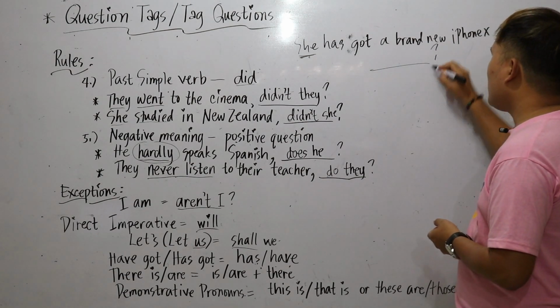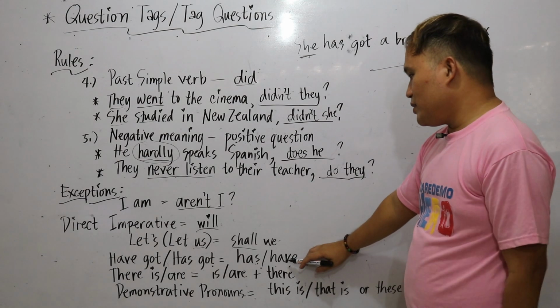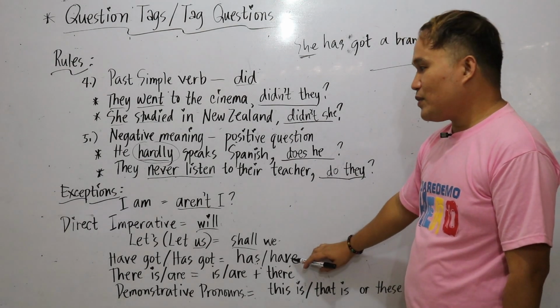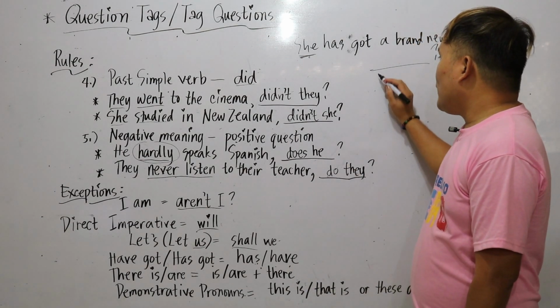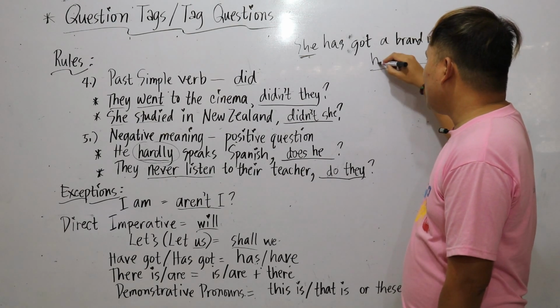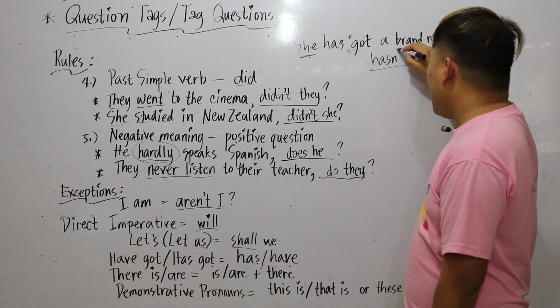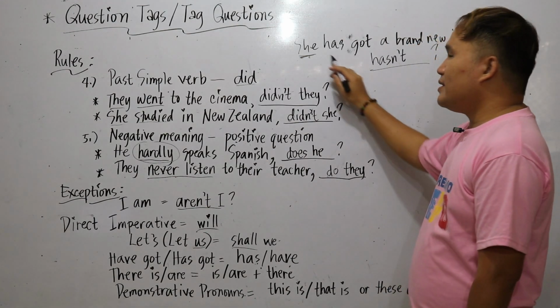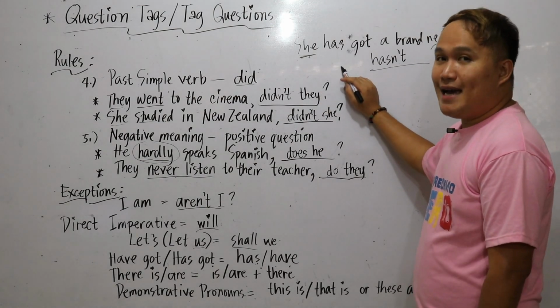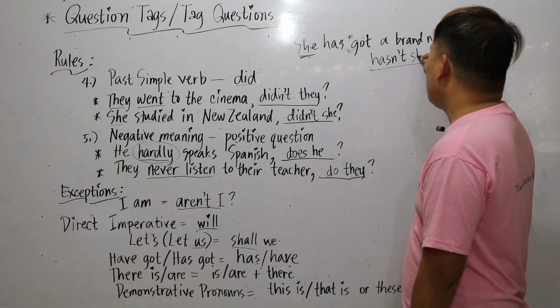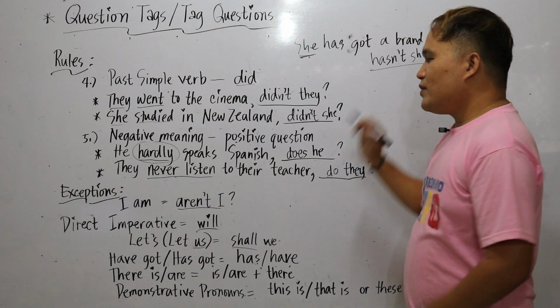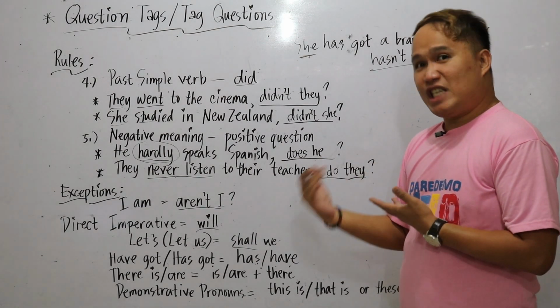What should be our tag question based on the exceptions of the rule? We have to use hasn't, because it's a positive statement. Hasn't she? You don't say has got not she.